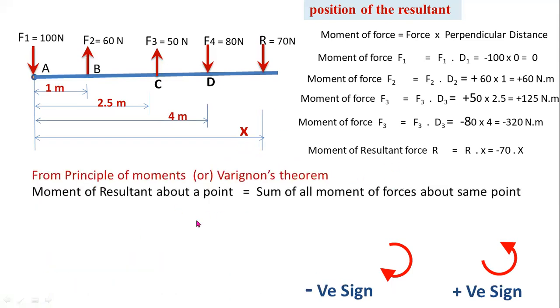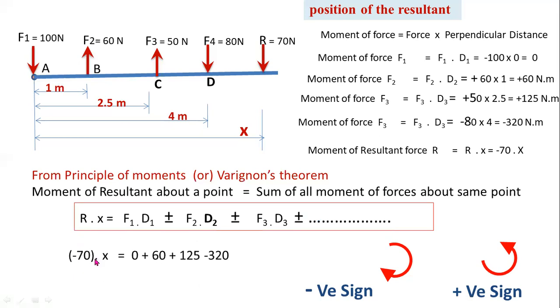Already we know the formula for Varignon's theorem or principle of moments. Moment of resultant about point A equals the sum of all moments about the same point A. So minus 70 into x is the moment of the resultant, which equals the sum of all other moments: 0 plus 60 plus 125 minus 320.